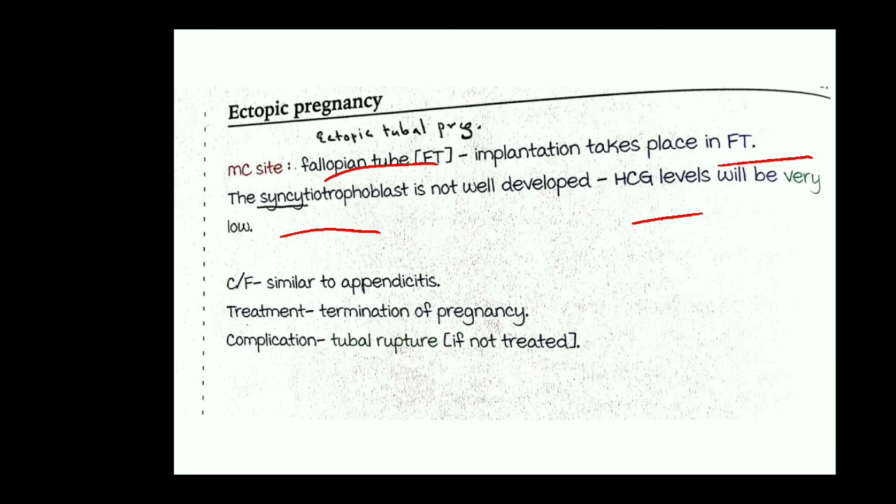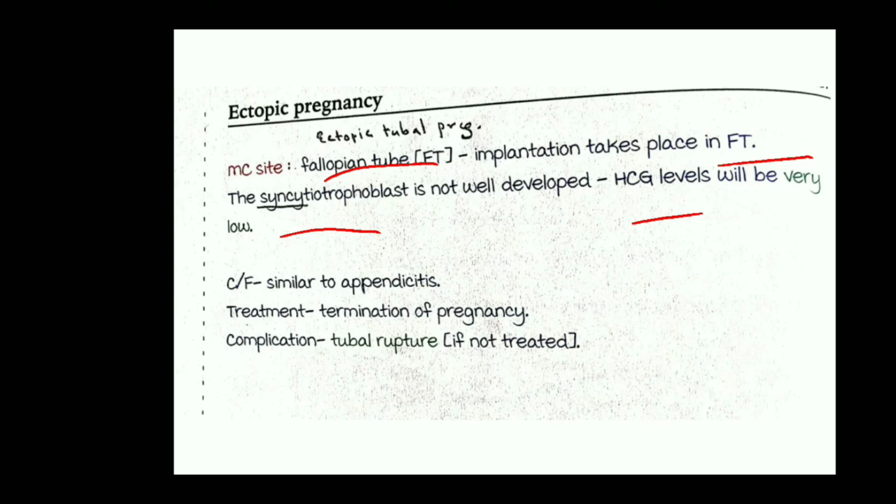Usually the HCG levels will be doubling. Ectopic pregnancy will have clinical features similar to appendicitis, meaning the female will come with vomiting, abdominal tenderness, pain, and so on.